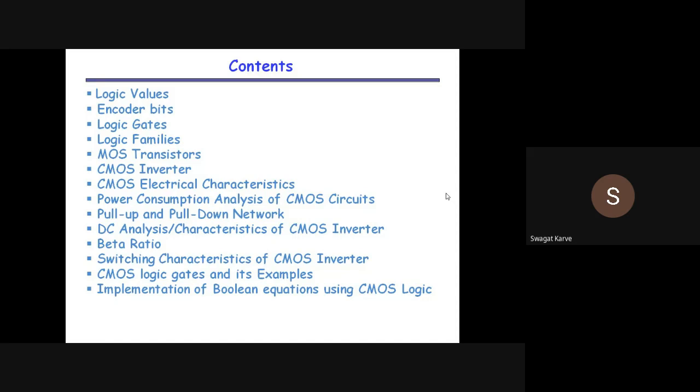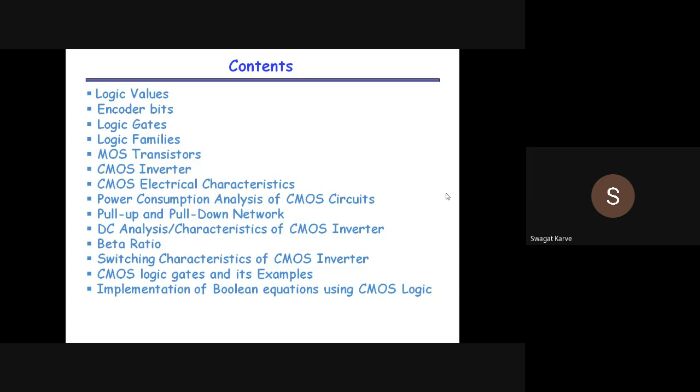So we are going to discuss the CMOS inverter, then its electrical characteristics, that means VI characteristics, then power consumption analysis of the CMOS circuit, then pull up pull down network, then DC analysis or characteristics of the CMOS inverter, then beta ratio, switching characteristics of the CMOS inverter, then some examples of CMOS logic gates and their implementation using Boolean equations. So these are the contents that we will be discussing throughout this unit.